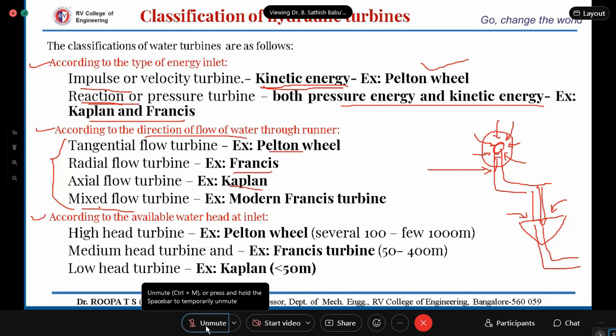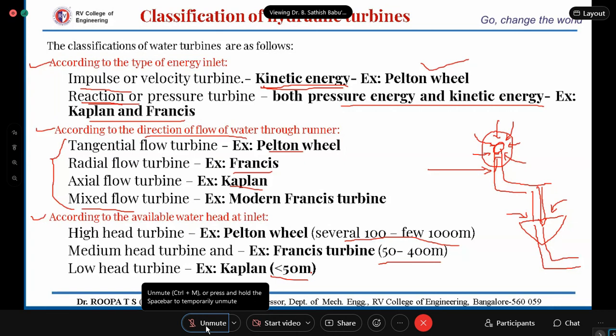Next is based on the availability of water, at what height. Head, in the sense, the storage height. At what height I have stored the water in the reservoir, based on that, we have high head, medium head, and low head. These values are not fixed. Sometimes it may be one value in India, it may be different in the US.